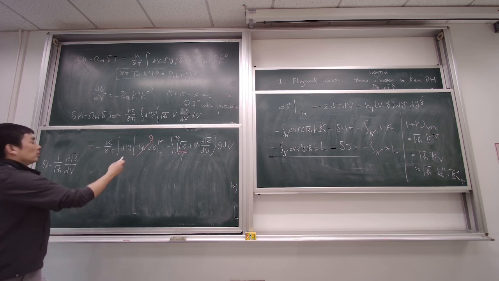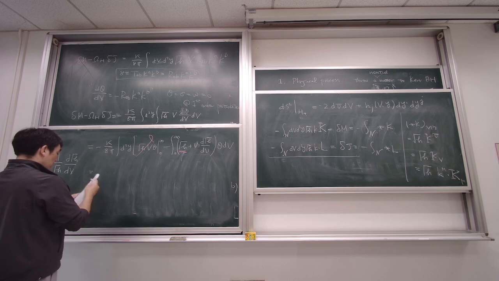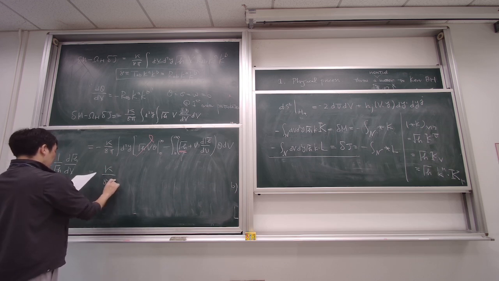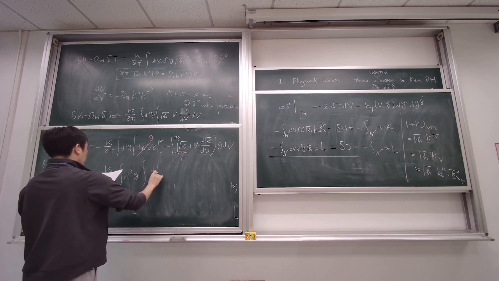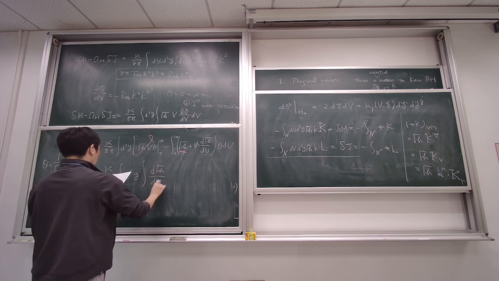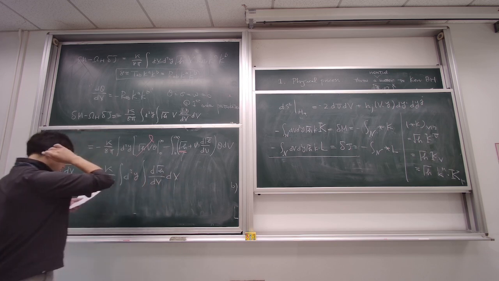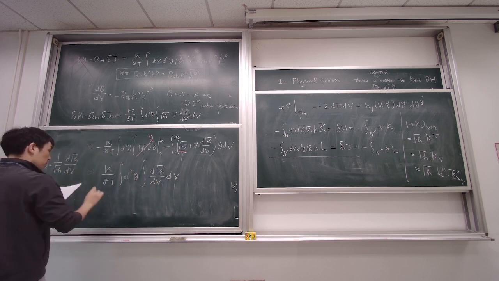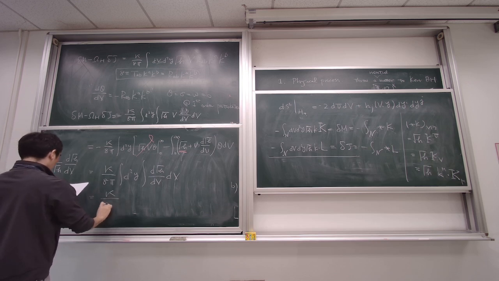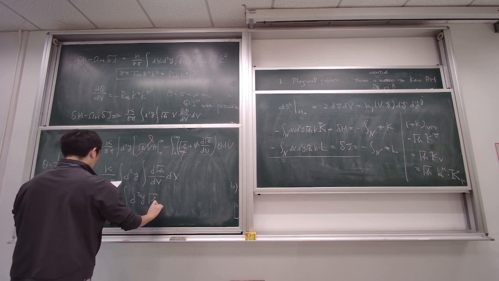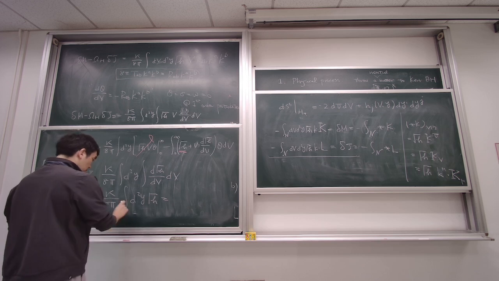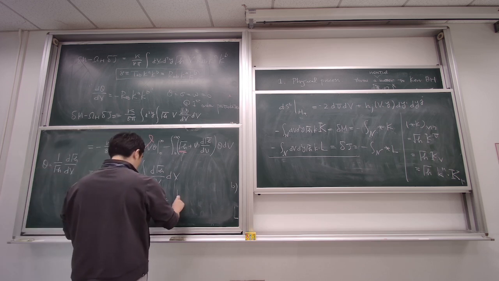So therefore plug down into here, and what you get is kappa over 8 pi d²y, and then d square root h. Okay, and this is equal to kappa over 8 pi square root h and delta h. This is equal to kappa over 8 pi and what you want, delta L.